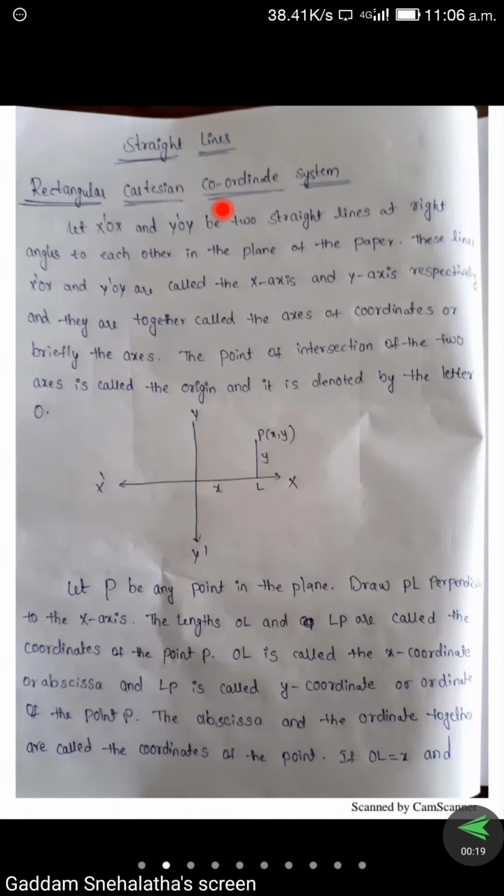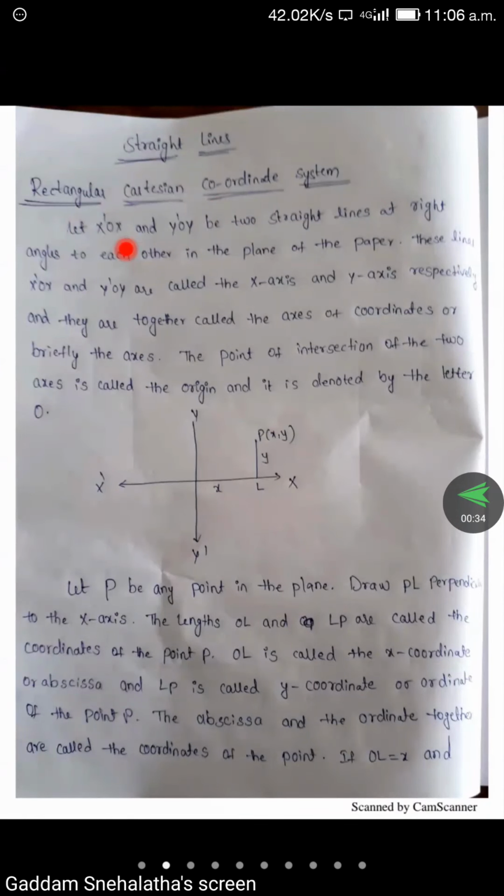In this, what will we take and what will we do? First we see here. Let X'OX and Y'OY be two straight lines.